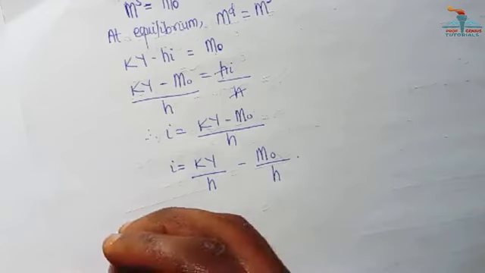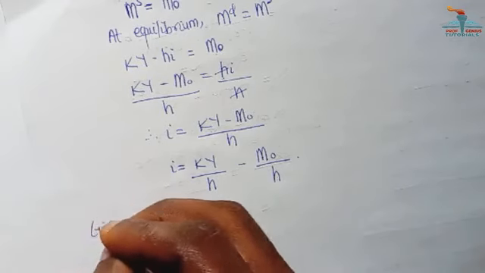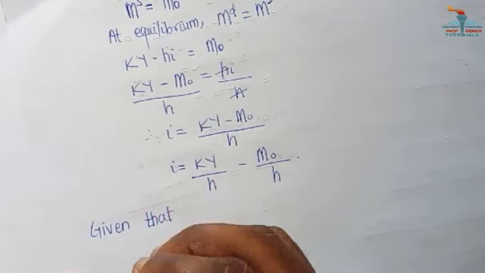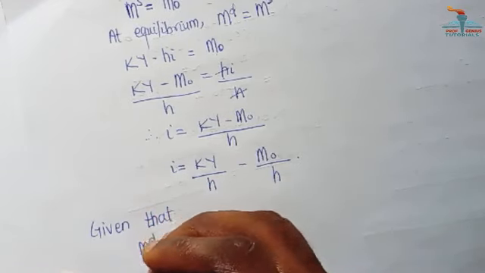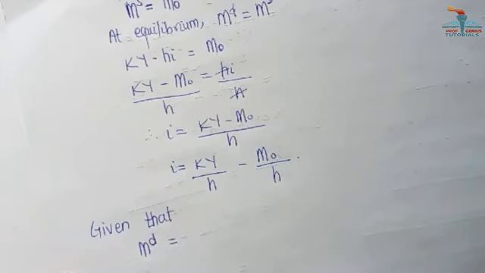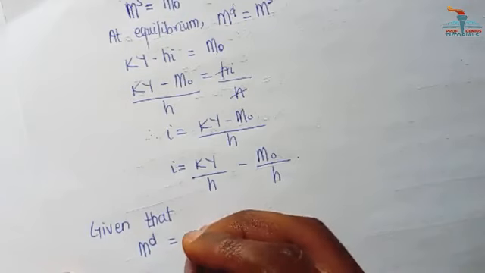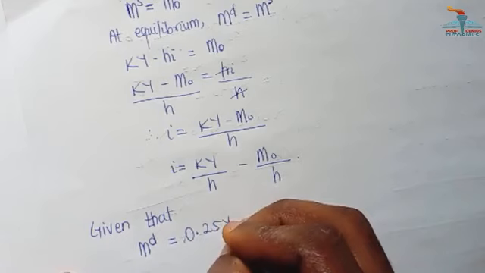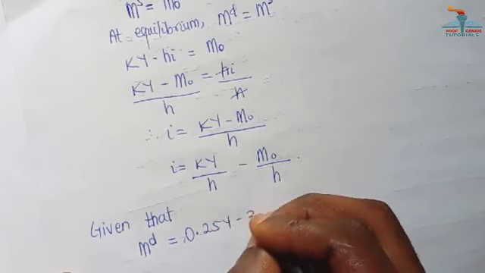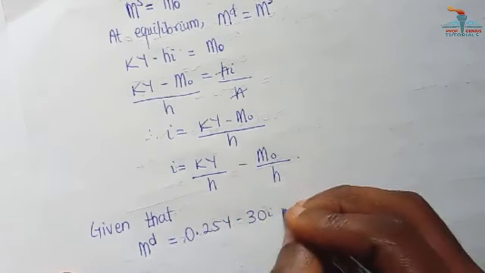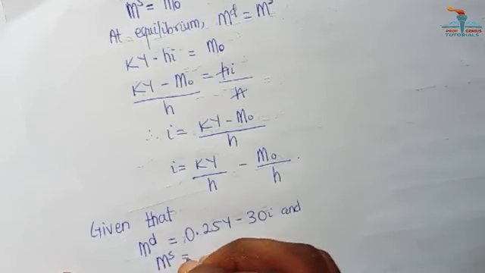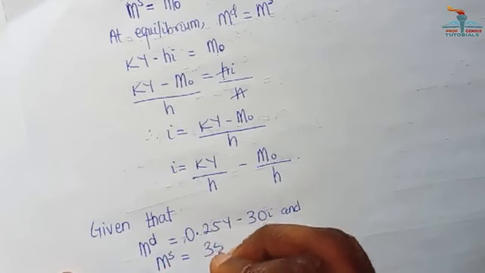So given that our MD is equal to 0.25y minus 30i, and our MS is equal to 350.